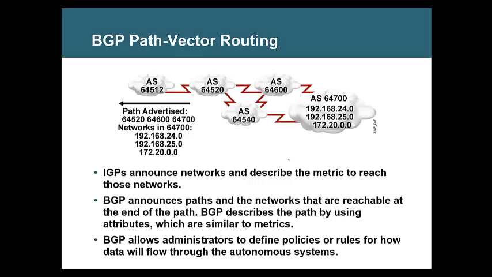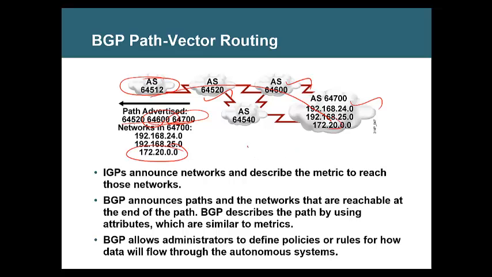Here, not just the direction, it will also have a path. For example, for this autonomous system to go to this network, this is the path. It should go to 64520, and then it should go to 64600, and then it should go to 64700. So this is the path and this is the direction.